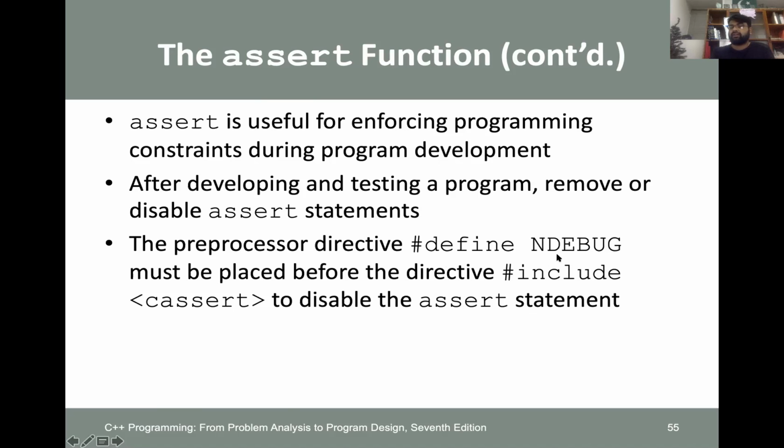So if it is not in a debug mode, then we will not include the cassert statement. But if it is running in a debug mode, only then will we include cassert. And once we include it, the assert statement will be disabled during normal execution, but will only run once we are debugging the code, right?